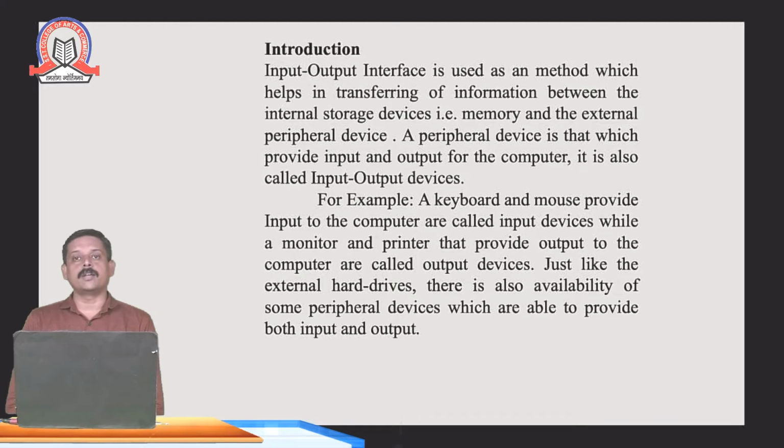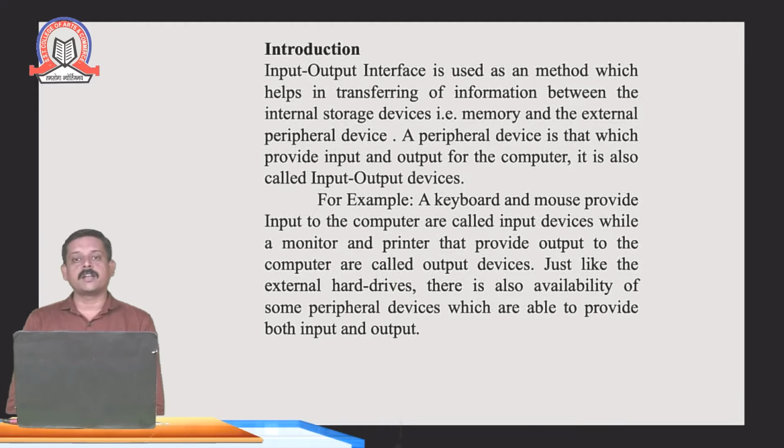It is also called an input-output device. For example, a keyboard and a mouse provide input to the computer and are called input devices, while a monitor and a printer provide output from the computer and are known as output devices.